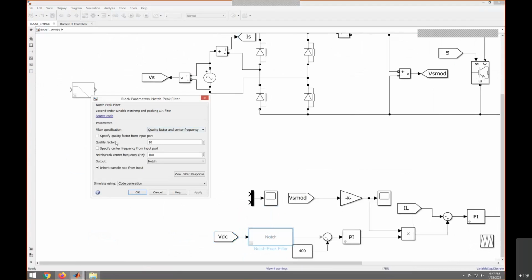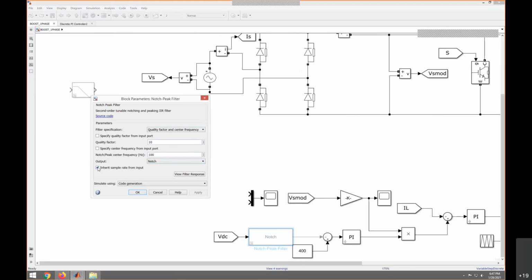You might have already studied quality factor in designing series resonant and parallel resonant circuits. We can consider it anywhere less than 10. This notch is eliminating, and the notch frequency I selected is 100 Hz.